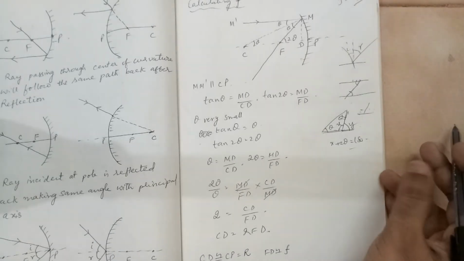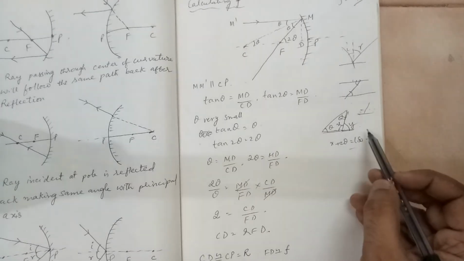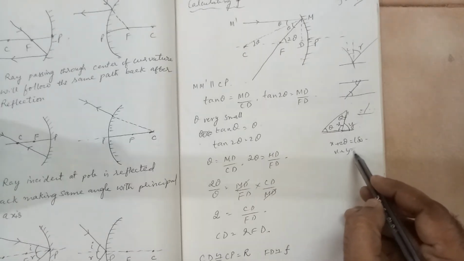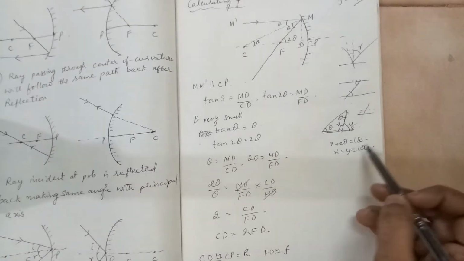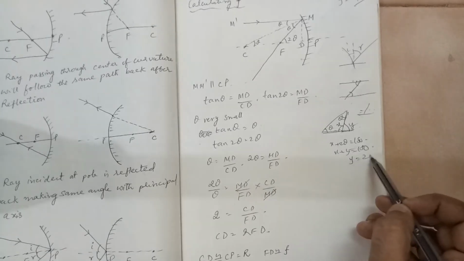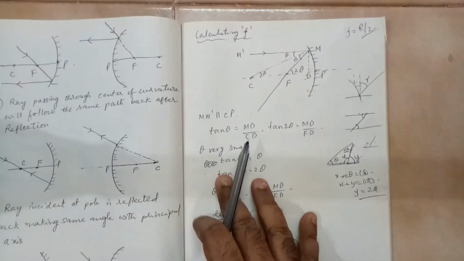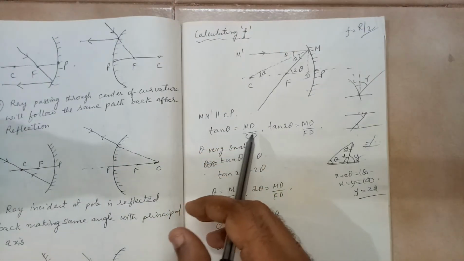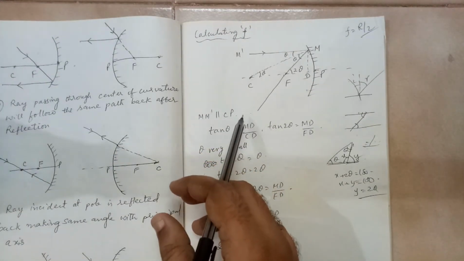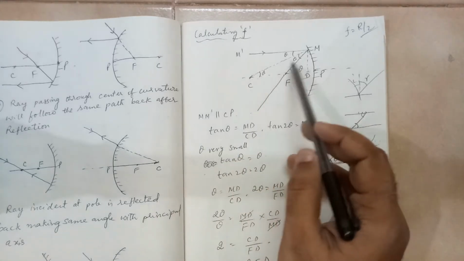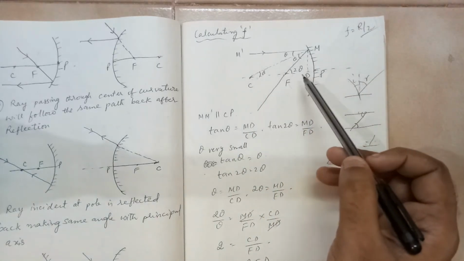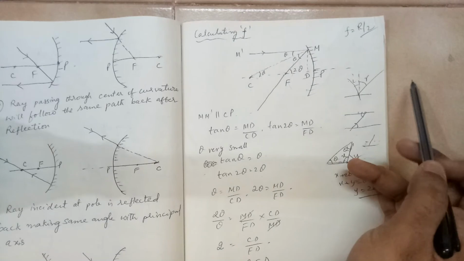So x plus y is equal to 180. Compare these two equations, y will be equal to 2 theta. Exterior angle is equal to the sum of two interior angles. This is an exterior angle, these are two interior angles. So this is 2 theta.